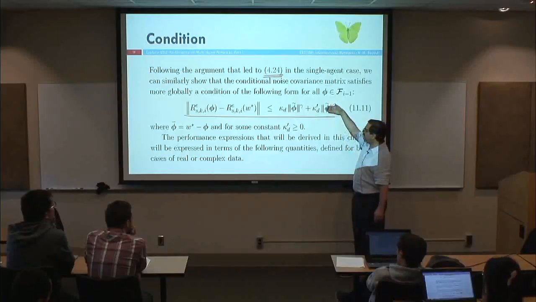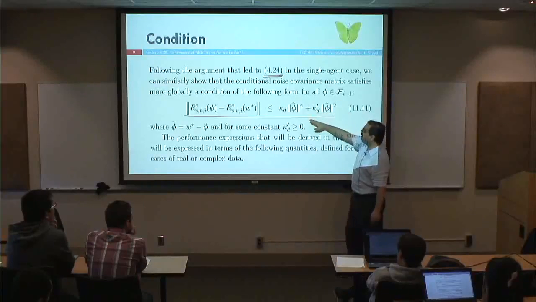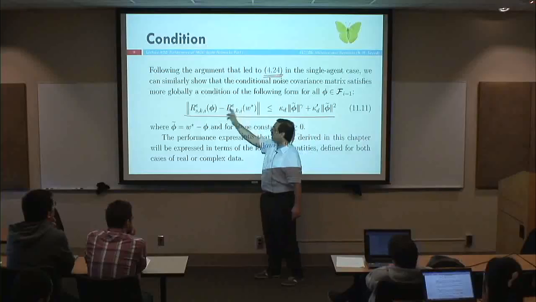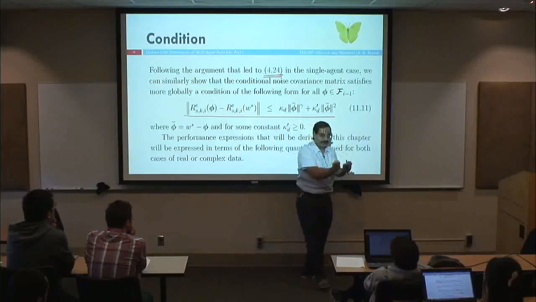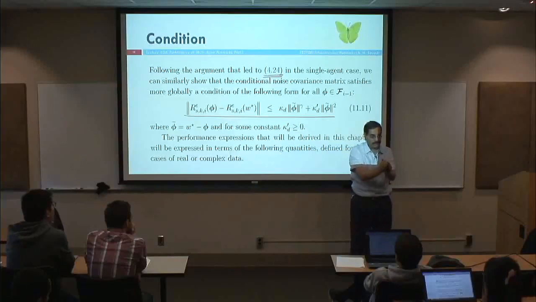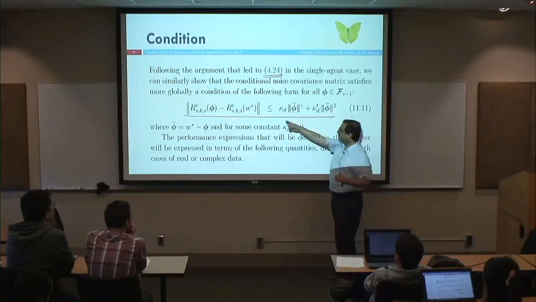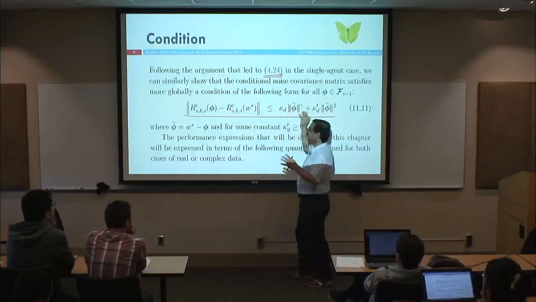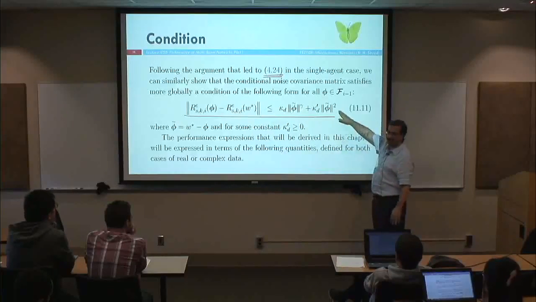So what's the difference between this bound and the previous one? This one holds generally for any phi and omega star. The other one was local. So from that local condition, the gradient noise satisfies this more global condition.